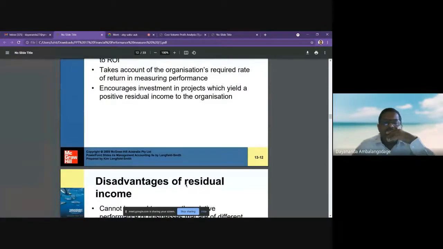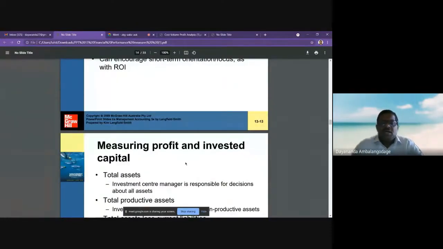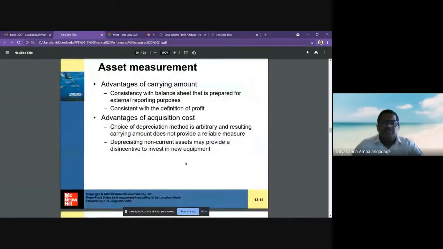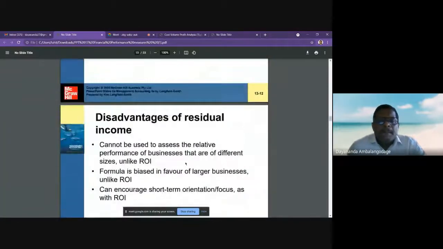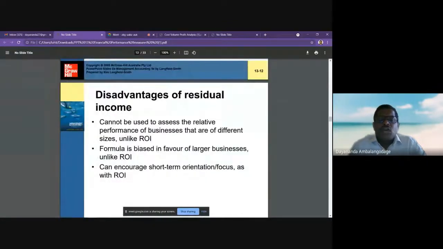Those are the advantages. The disadvantages we will be discussing. RI cannot be used to assess the relative performance of businesses that are of different sizes, unlike ROI.